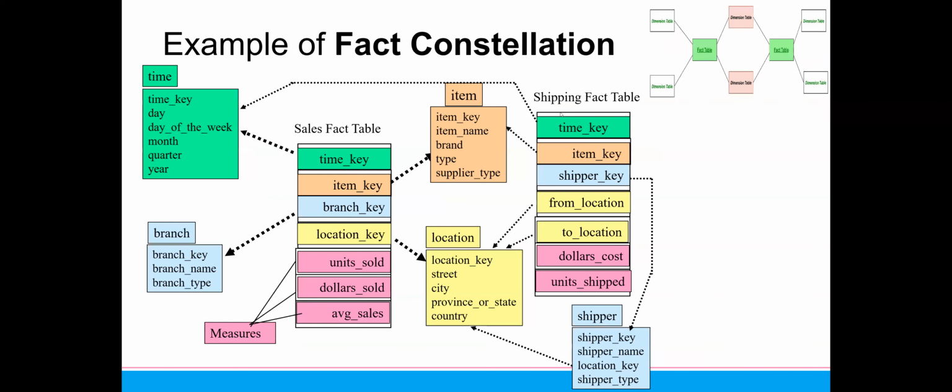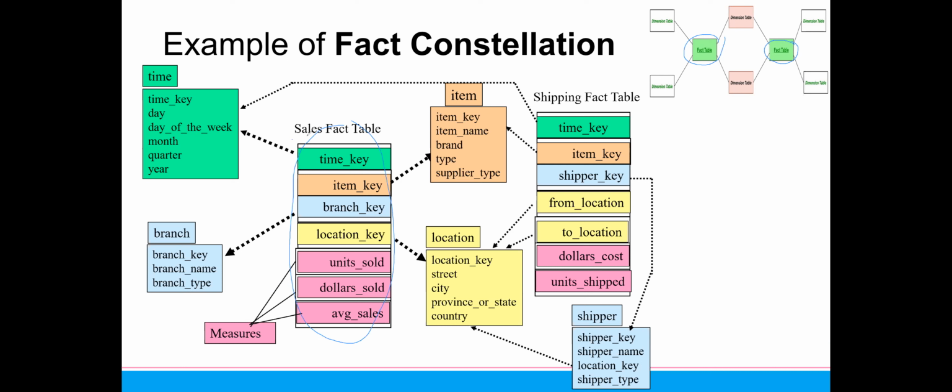About the fact constellation, in the fact constellation, we can connect a fact table to another fact table. The fact table, usually we have only one, but there might be multiple fact tables.